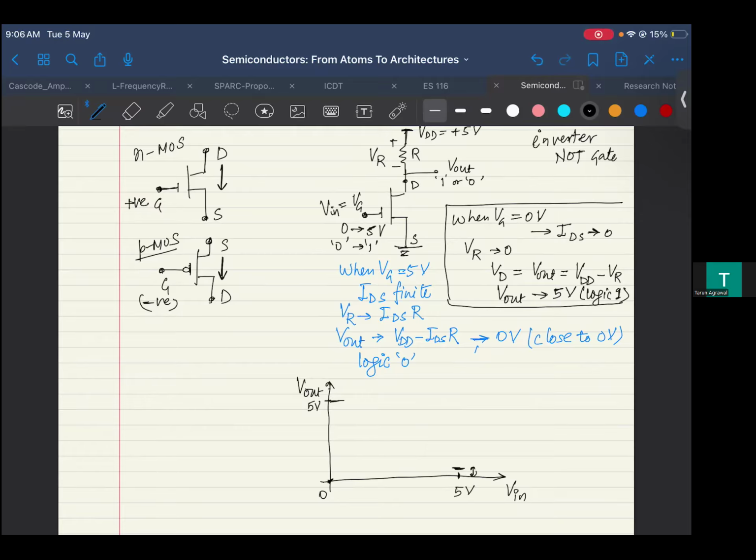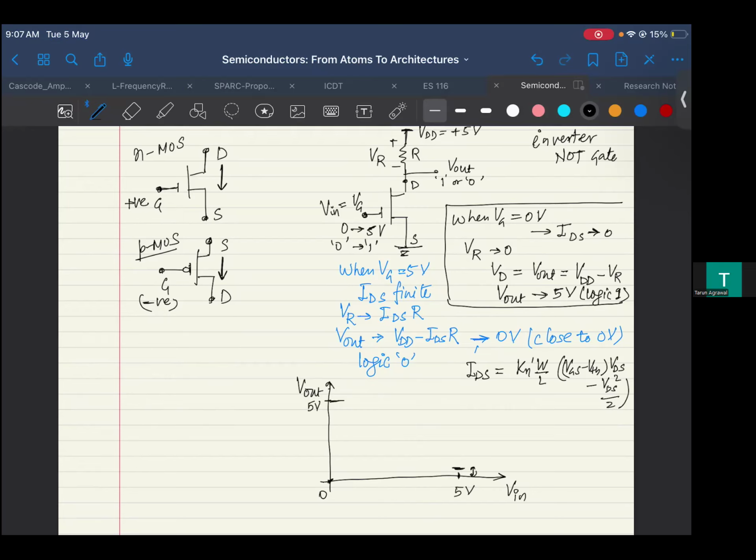So for example, one relation I can write is that our current depends on some coefficient Kn, which is W by L, times your VGS minus VT into your VDS minus VDS square. Right? So this is one of the currents which dictates your regions, right?